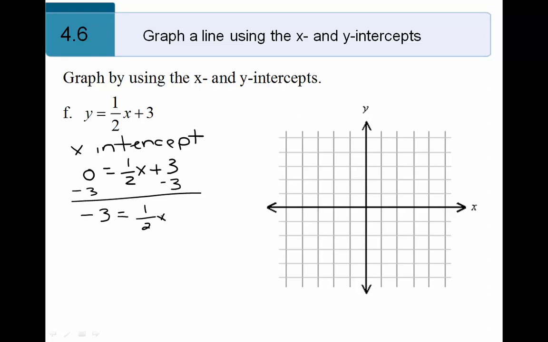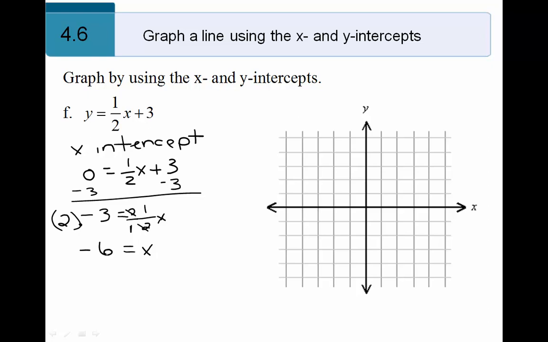Then I need my coefficient 1/2 to equal 1. So I'm going to multiply by the reciprocal of 1/2, which is 2 over 1, which means I also need to multiply negative 3 times 2 over 1, or negative 3 times 2. And 2 times negative 3 is negative 6.